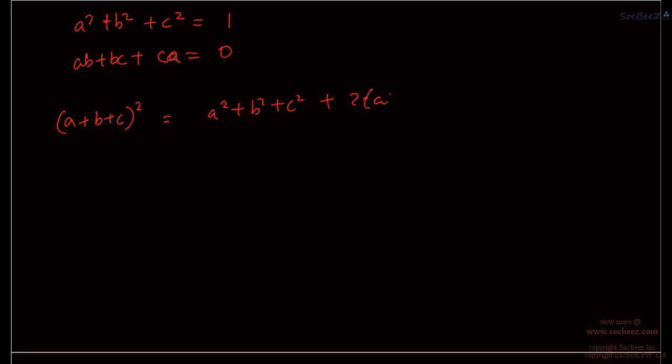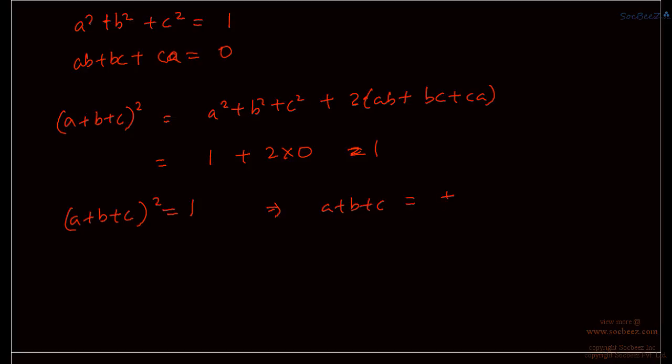This is nothing but A squared plus B squared plus C squared plus 2 times AB plus BC plus CA, right? Now let us put the values here. A squared plus B squared plus C squared is 1, whereas this is 0, right? So my A plus B plus C whole squared is 1, right? Now that gives me A plus B plus C is plus or minus 1.